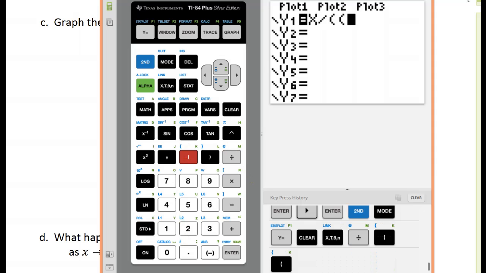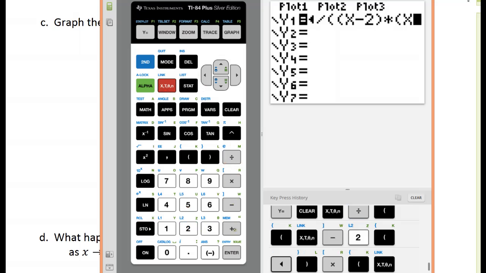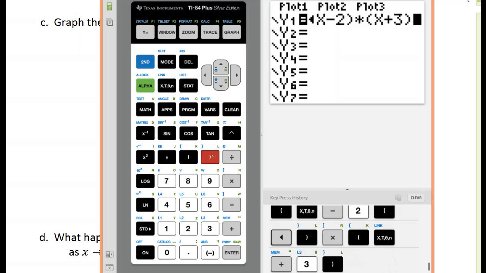So there's going to be 3 sets of parentheses: the big set with what I'm dividing by, and then the little sets, x minus 2 times x plus 3. If you don't put the parentheses around the denominator, it'll take x divided by 1 minus 2 and then multiply by x plus 3. It won't follow order of operations. So you need to make sure you put a big set of parentheses around the denominator so that you have the right graph.